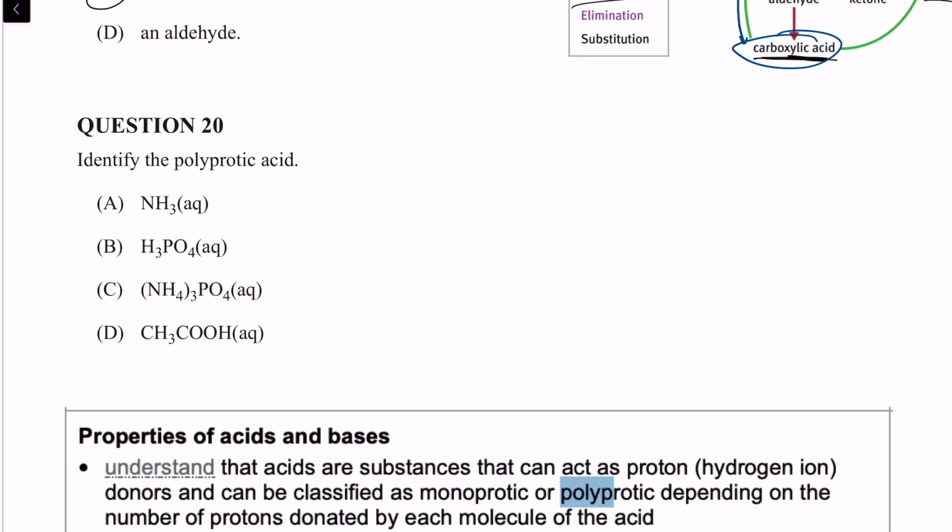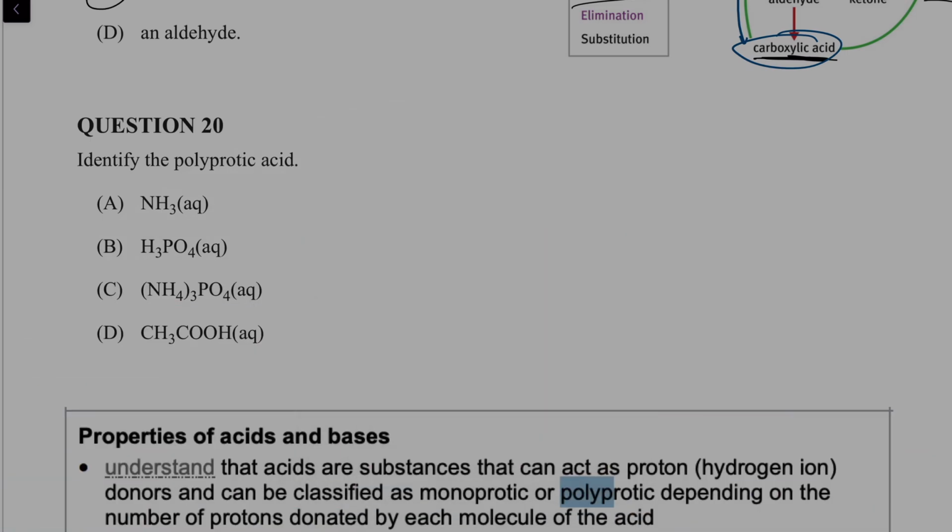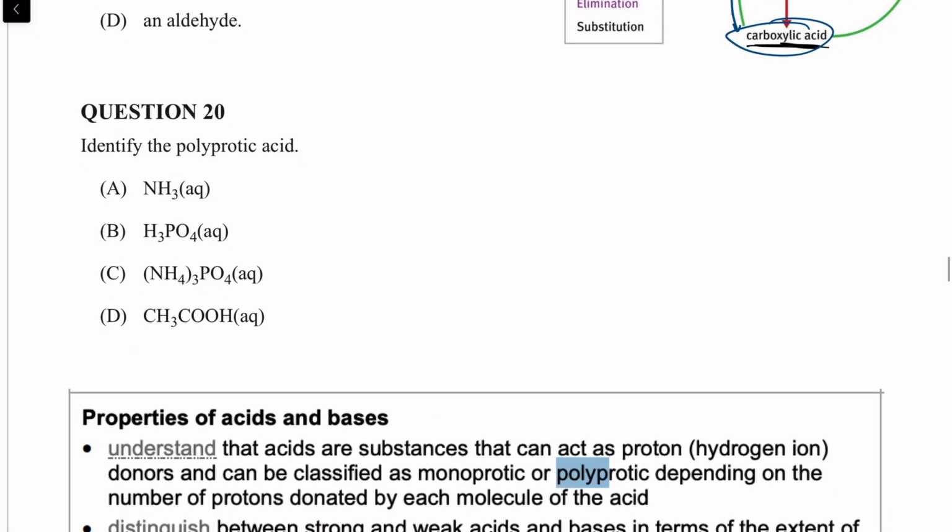So what I mean by that is, if we think about drawing out these structures, H3PO4, for example, we have P double bonded to O, and then the 3 other O's each have an H attached to them.